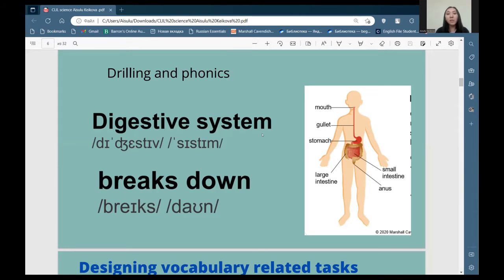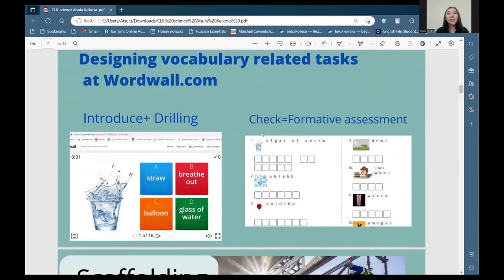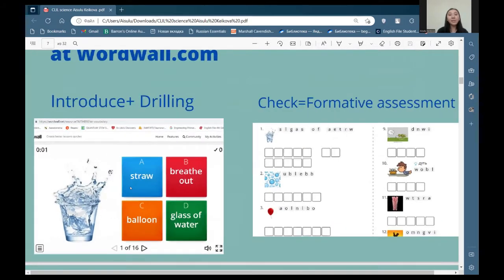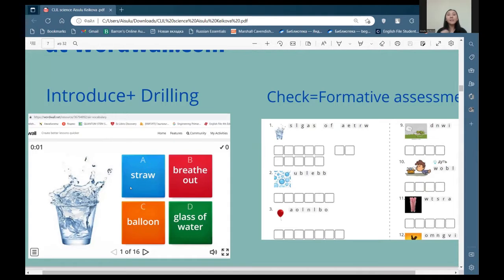Another way is creating vocabulary related tasks. For example, I use wordwall.com. It has some interactive games. I create some quizzes, some matching games, etc. Children are really excited to play these games. They want to score and do lots more exercises. They compete with each other, and I also create some exercises for formative assessment.